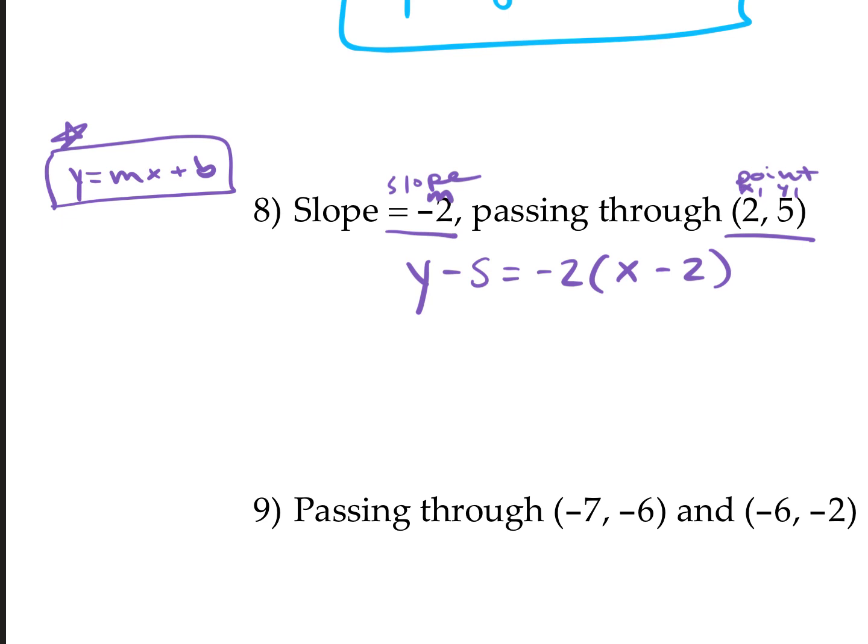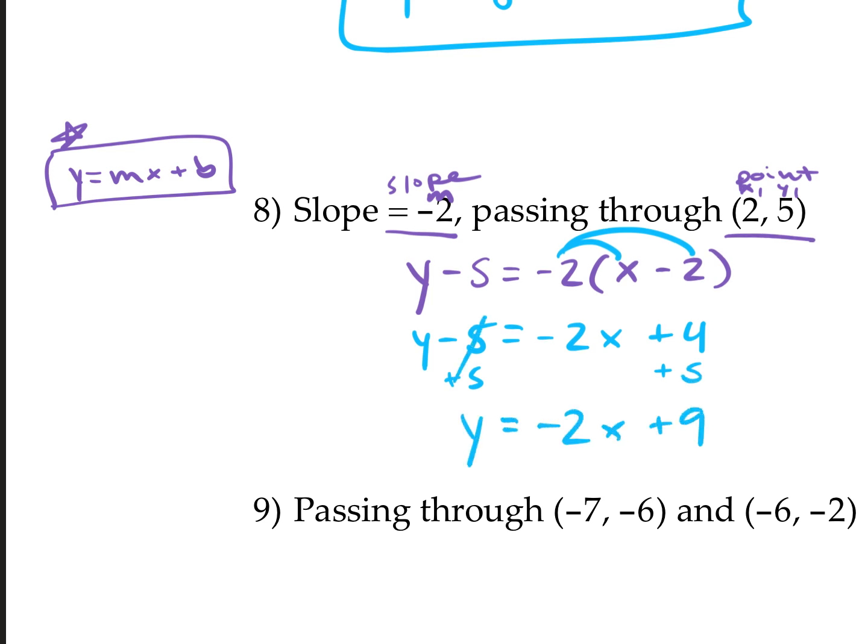How would I rearrange this equation to get it to be y equals mx plus b? We want to distribute the negative 2. So I have negative 2x plus 4 is equal to y minus 5. And then what do we do? Add 5. So y is equal to negative 2x plus 9.